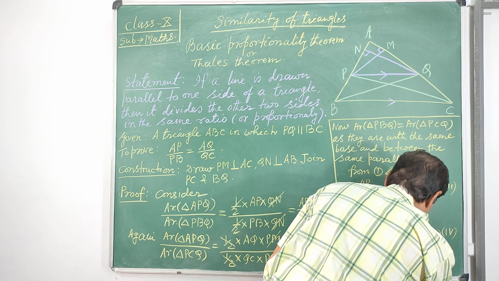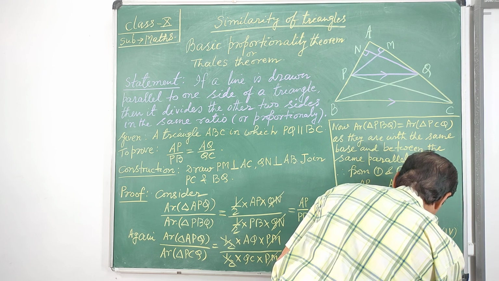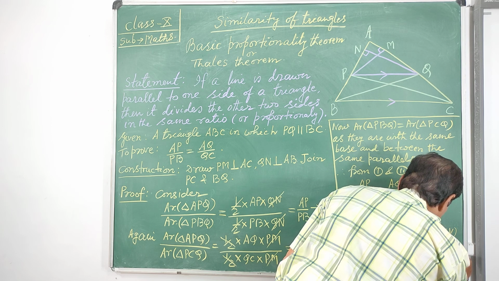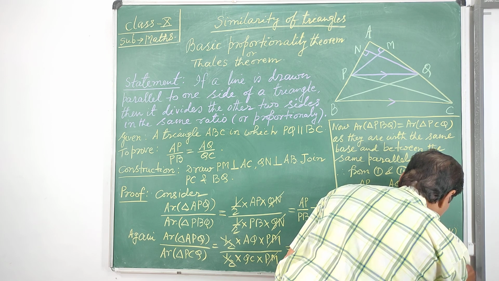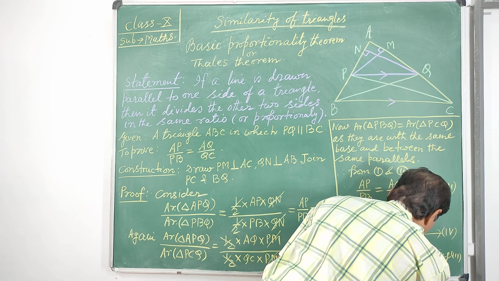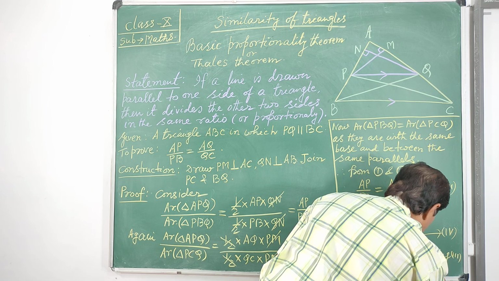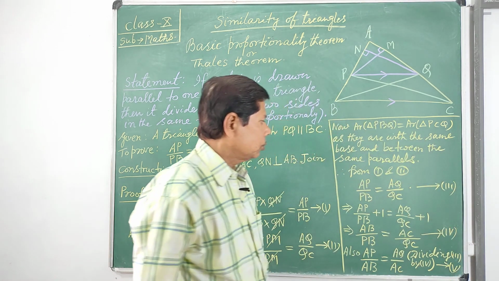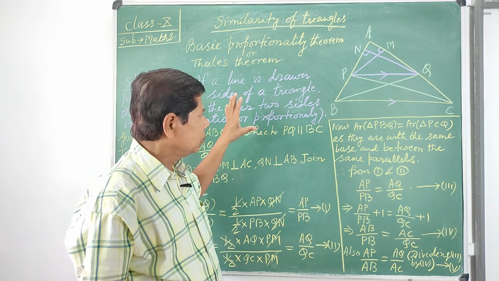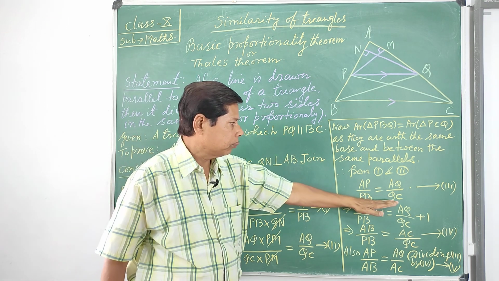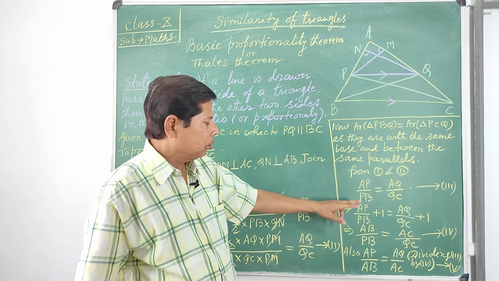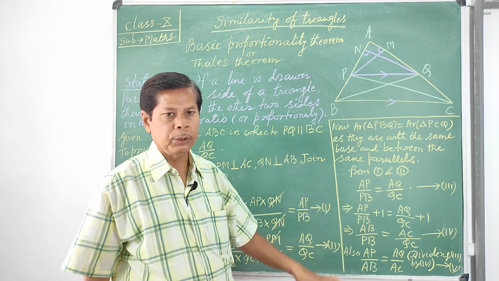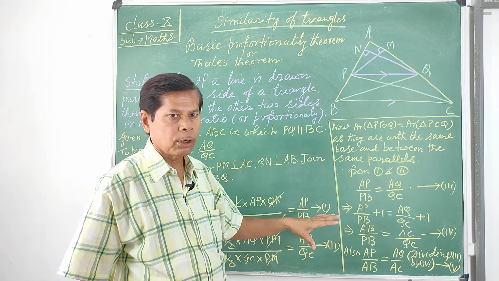This is result 5. So, as per the theorem, if it is asked to prove, only write up to this step, but in your copy, write these two also, numbers 4 and 5, because they will be used as results of the basic proportionality theorem.